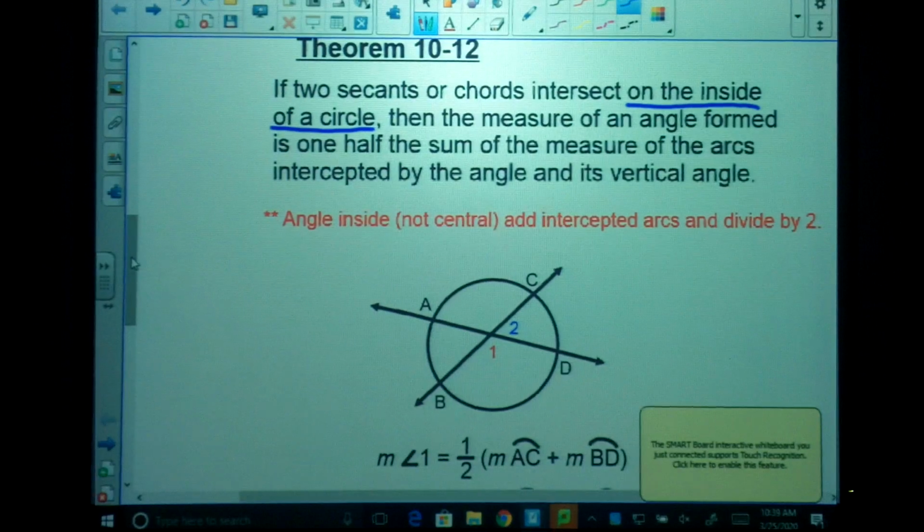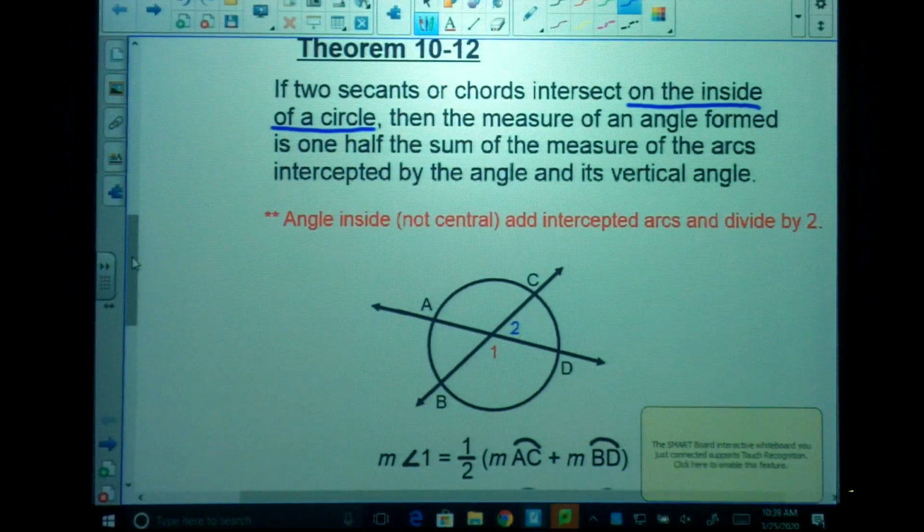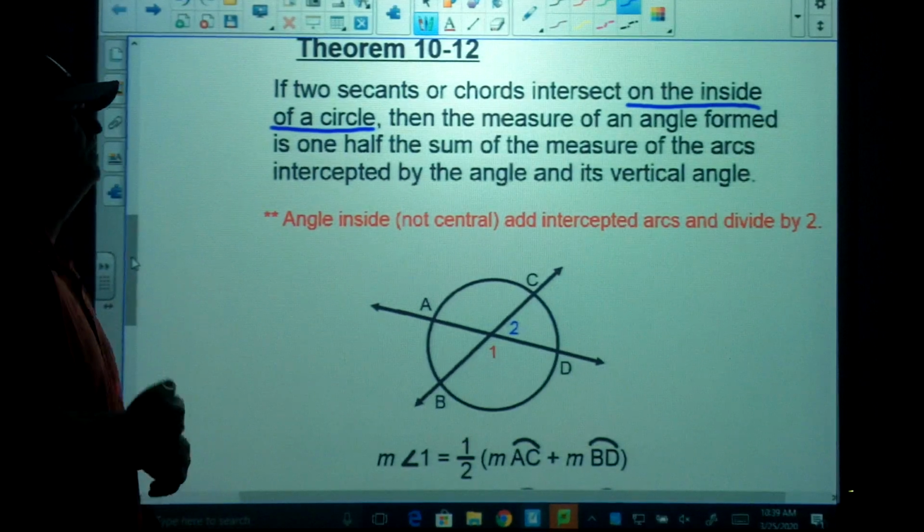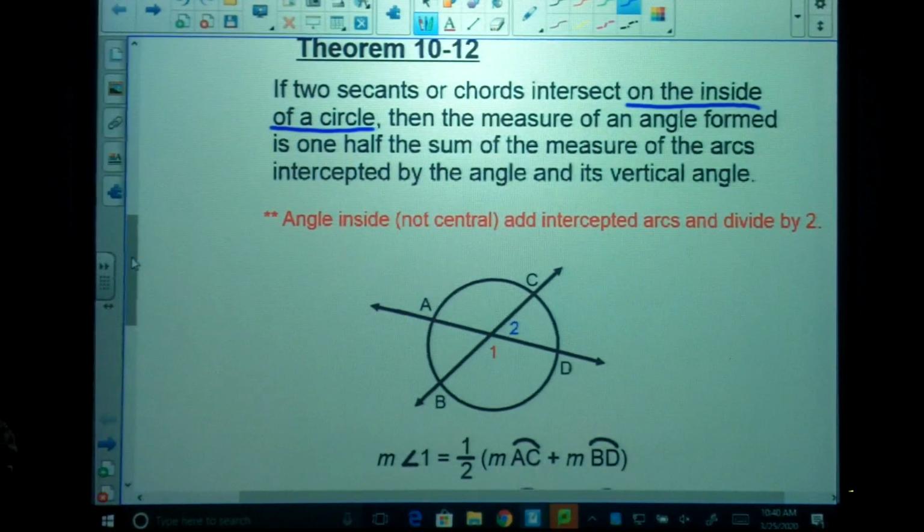Then the measure of the angle that is formed is 1/2 the sum of the measure of the intercepted arcs by the angle and its vertical angle.